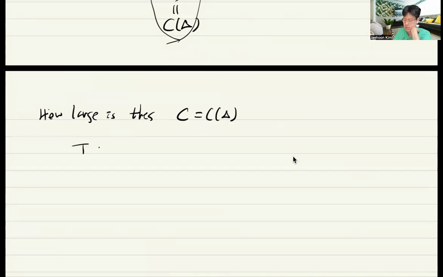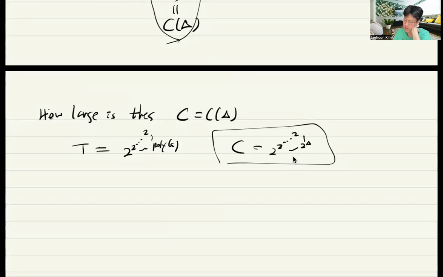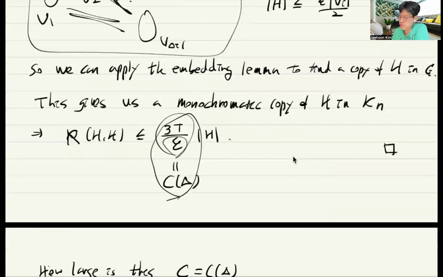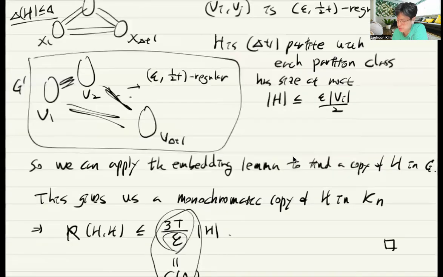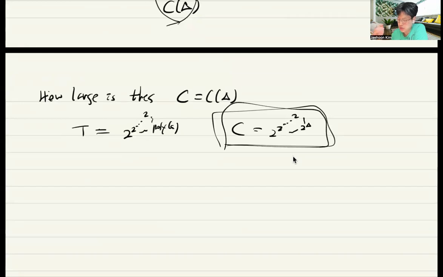So this T has to be something like 2 to the 2 to the 2, and then this length is polynomial in epsilon, which is exponential in delta. So you have this tower-type function with the height exponential, which is a ridiculously large number. So this is a conceptually easy proof using the regularity lemma, but in terms of this constant, it's a very bad dependency.